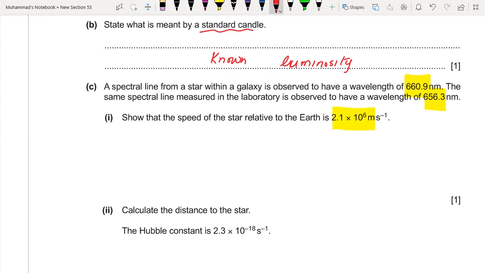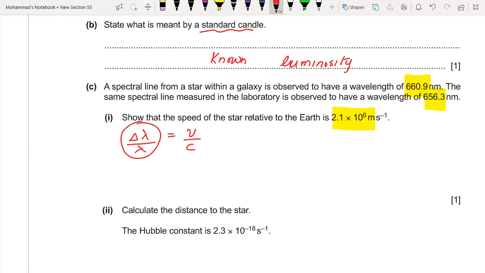The Doppler effect states that you can find the change in wavelength over original wavelength, which is v by c. This will have no unit, so no need to convert from nanometer into meter.